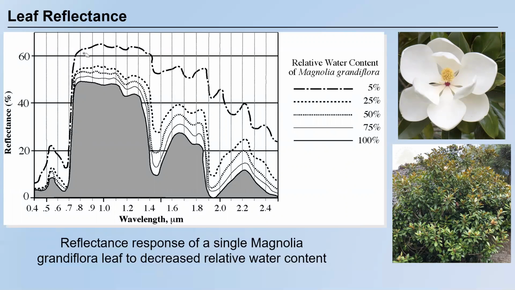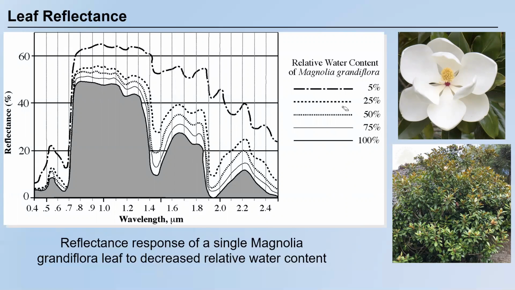So the highest one, the dash-dot spectrum, is for the vegetation when it has only 5% water content. The reflectance is the highest if you compare this spectrum to other spectra, because the water content is the lowest. The absorption of water is the weakest here, so it has the highest reflectance.